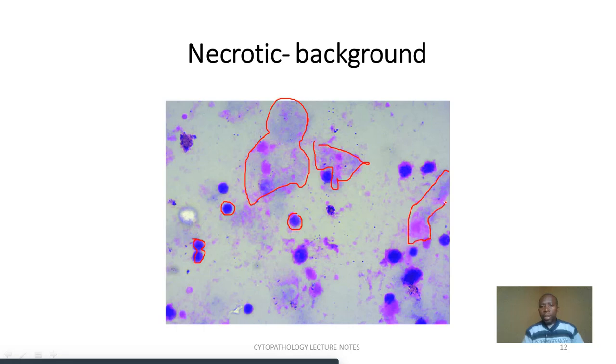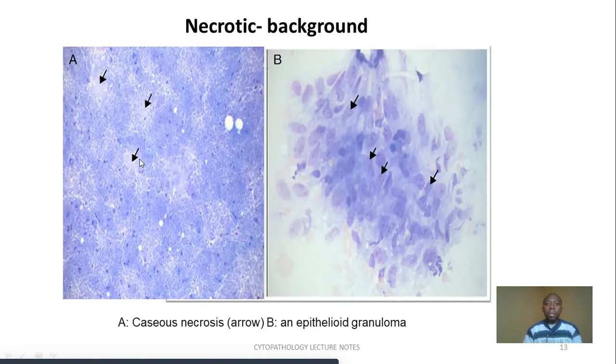This is a dirty background made dirty with the debris which are characteristic of necrosis taking place. So this is one example of a necrotic background. I think we appreciate that. And then we have also another example of necrotic background.